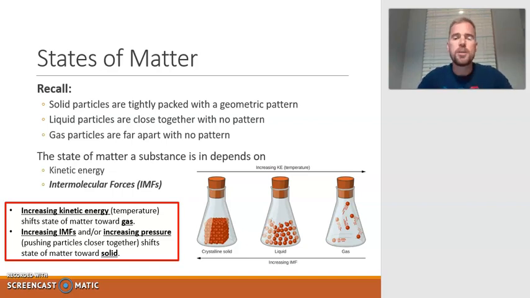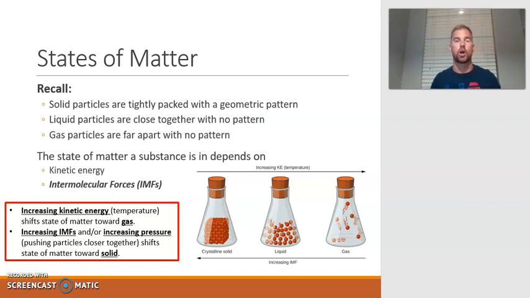Now, think about what dictates what state of matter a substance might be in. For example, at room temperature and room conditions, water's in the liquid phase, oxygen's in the gas phase, things like that. What is dictating the state of matter? Well, first of all, something we are probably very familiar with, and that is temperature, or more accurately, kinetic energy.